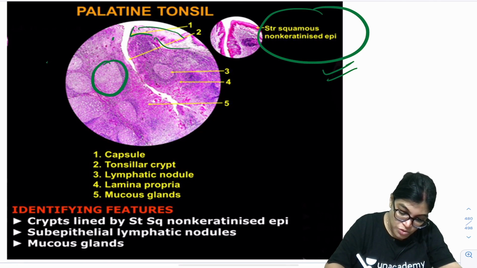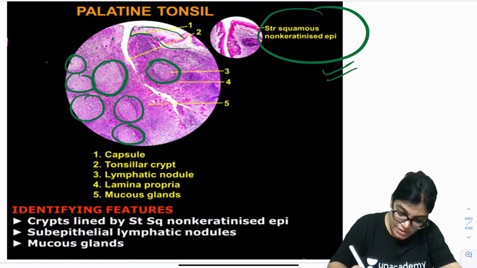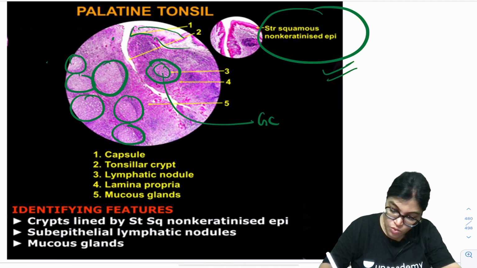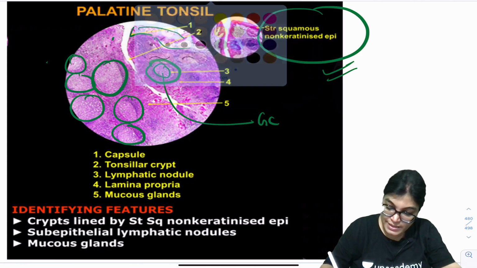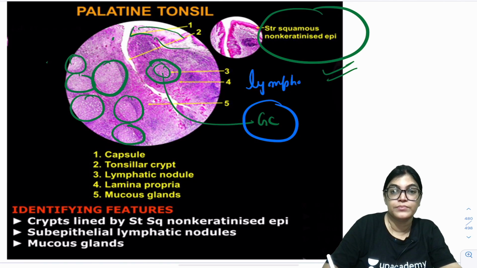Then you can see so many lymphatic nodules. Many lymphatic aggregations are there. This 3 is the lymphatic nodule, the lighter stained area is the germinal center, and the whole structure is the lymphatic nodule.